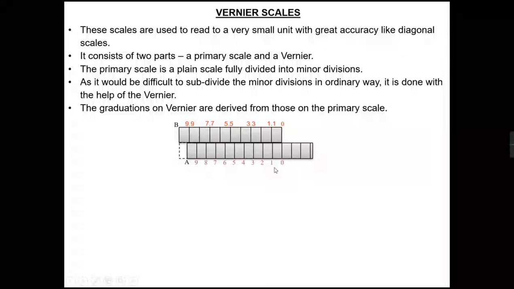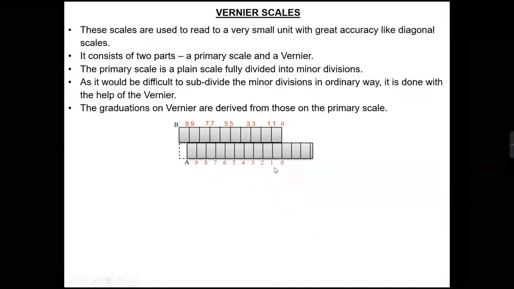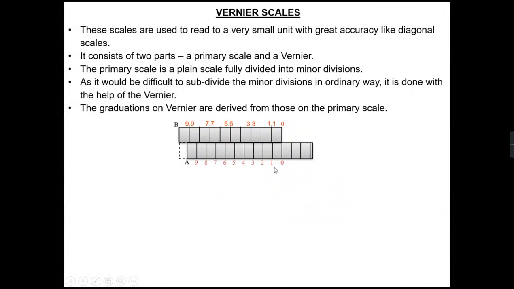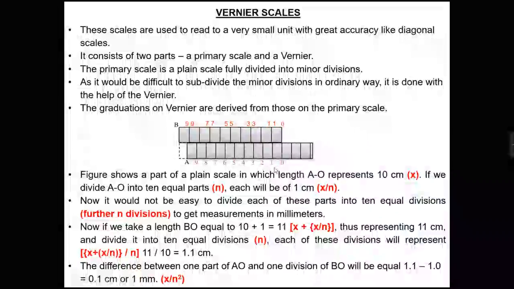Basically, this diagram is an example of a vernier scale called the backward vernier scale, and the other one is the forward vernier scale. We are going to learn both of these scales. First, we are going to learn the construction of the backward vernier scale.